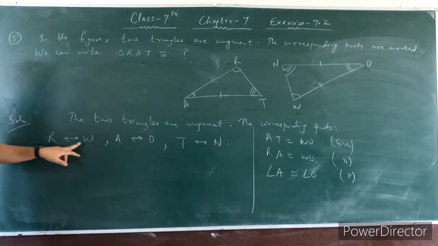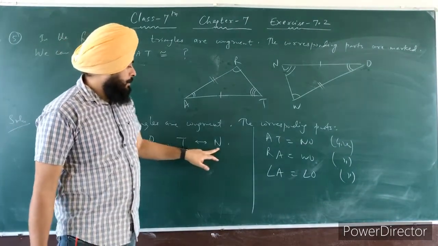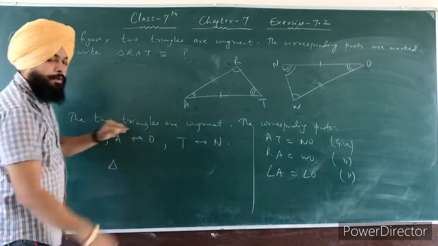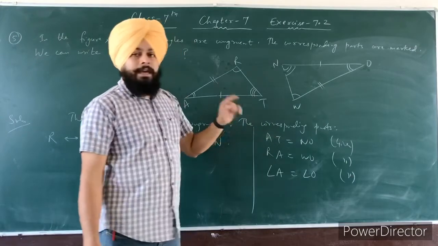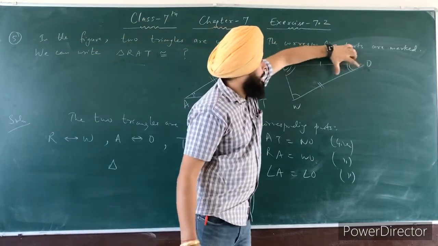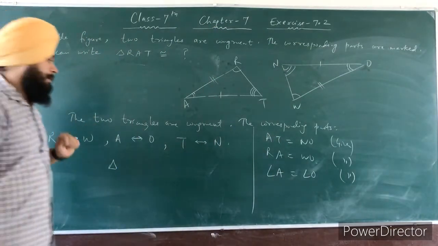So R corresponds to W, A corresponds to O, and T corresponds to N. So triangles are congruent by which one? By SAS, side angle side. Alright, side angle side. So by SAS congruence rule, triangles are congruent.